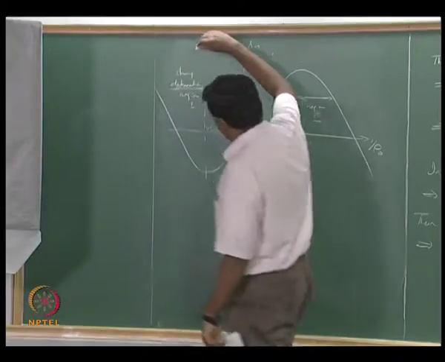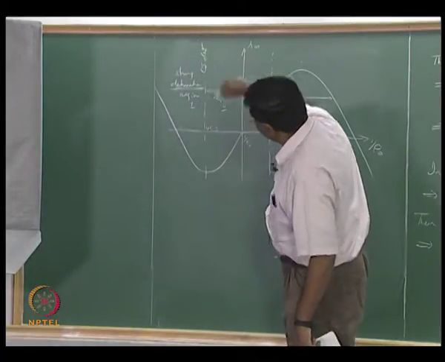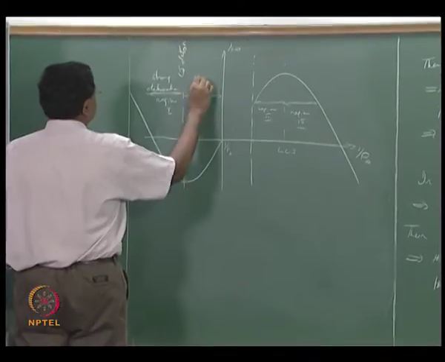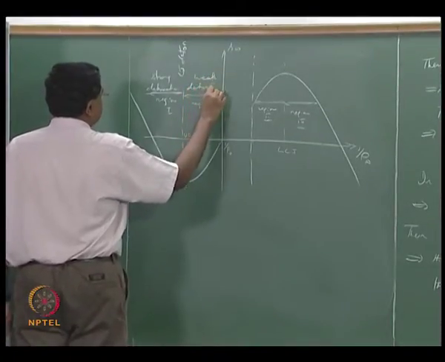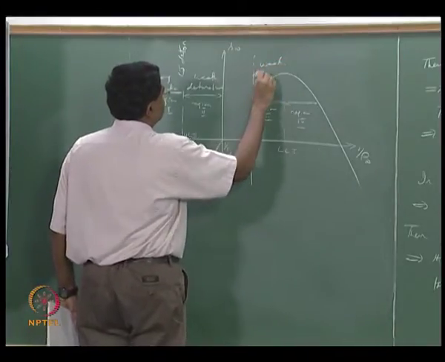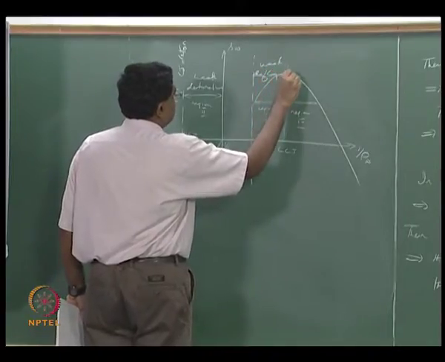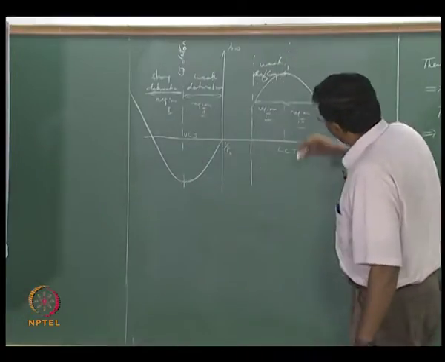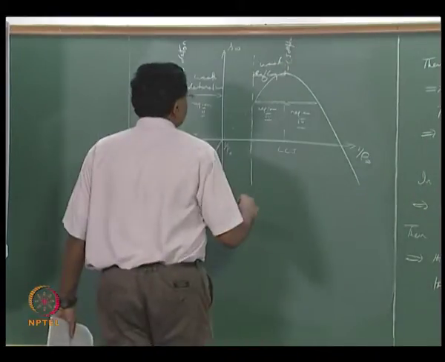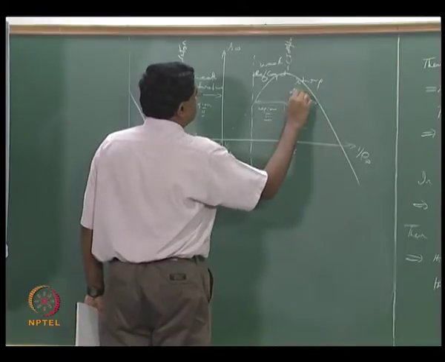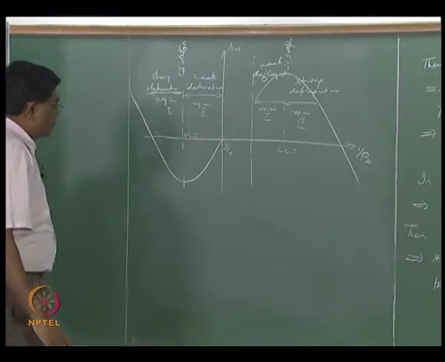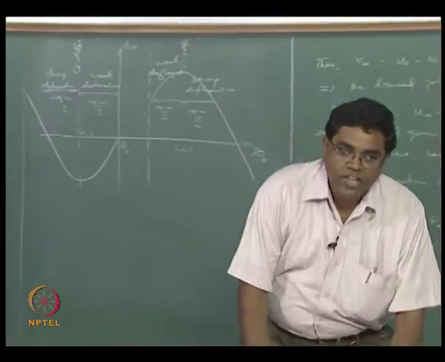You have CJ detonation, this is weak detonation, we have weak deflagration, and of course we have CJ deflagration, then we have strong deflagration, right.